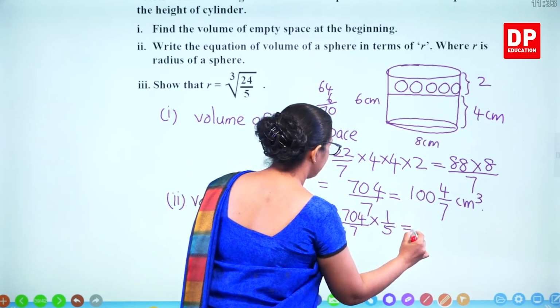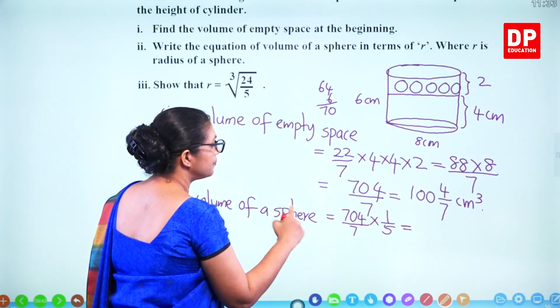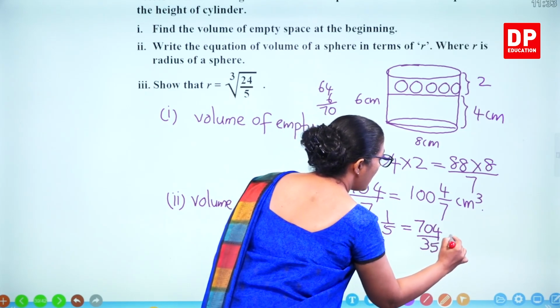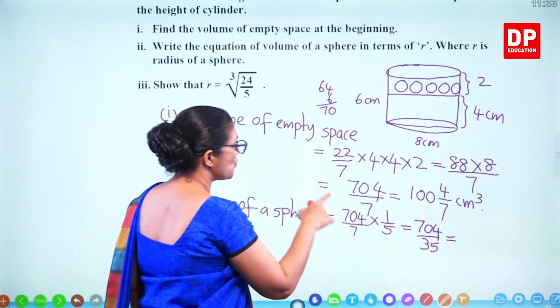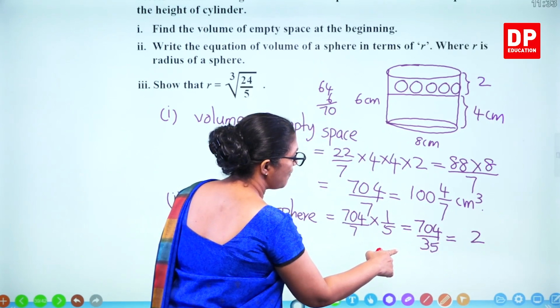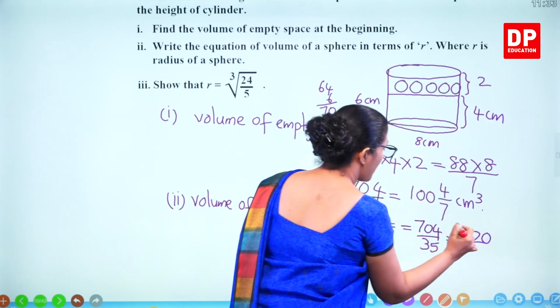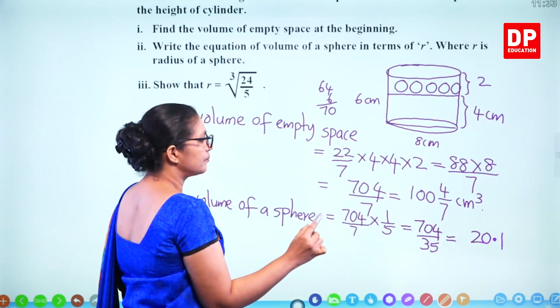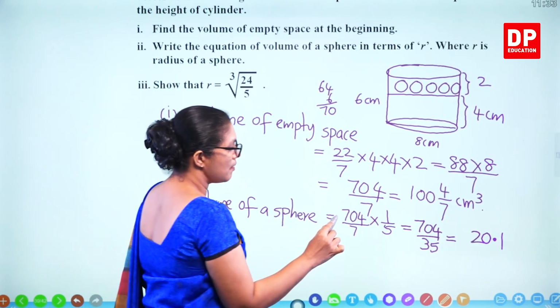So that's 704 divided by 35. And you have to write in terms of r as well. So 35 times 2, that's 70. For 4, nothing. For 40, that's 1. And 5 remaining.